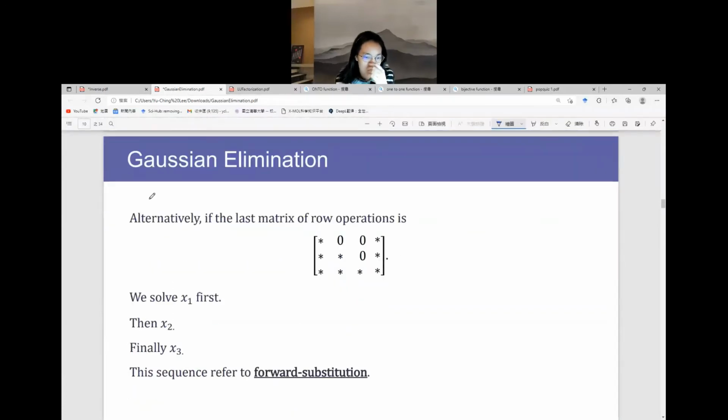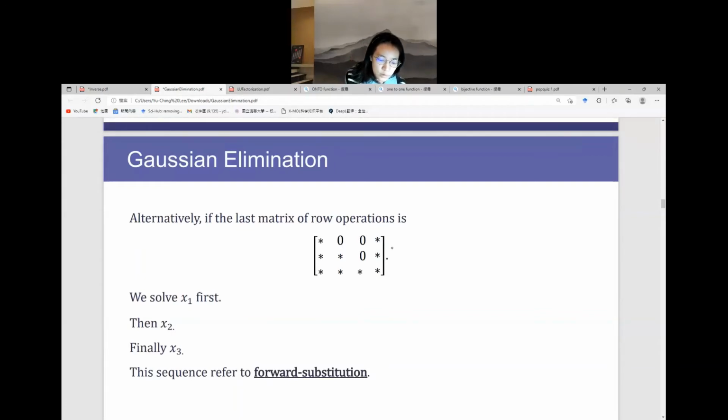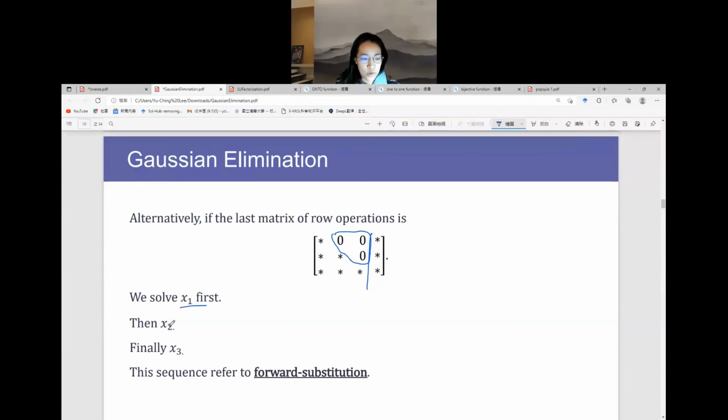And if we do it the opposite way, if we do not reduce the augmented matrix into echelon form but instead make the top right corner zeros, then in this situation we will solve x1 first, and then x2, and then x3. So this sequence is called forward substitution. This is written here, provided to you.